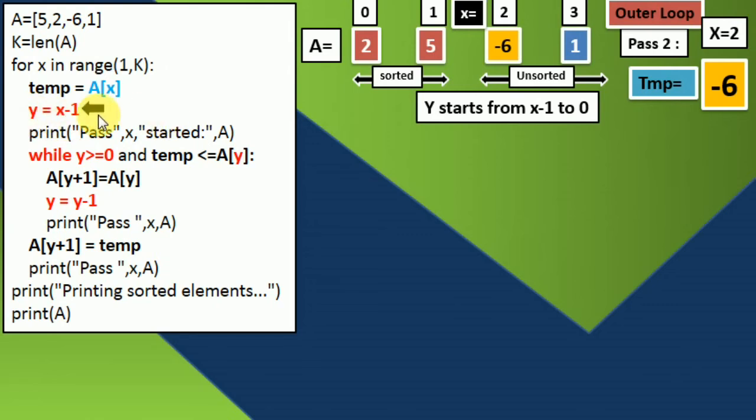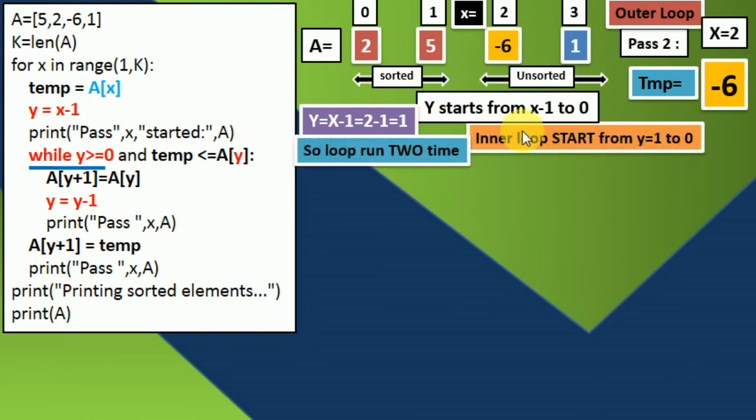Then y equals x minus 1. That means y starts from x minus 1 down to 0. So what is x minus 1? 2 minus 1 equals 1. That means y starts from 1 to 0. That means this loop is going to work 2 times. First time the value of y is going to be 1.